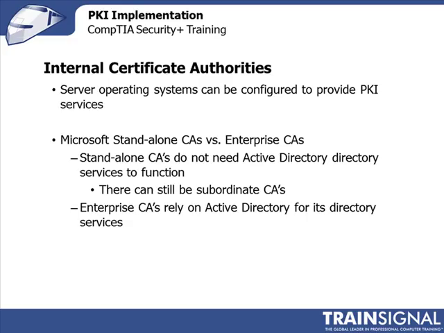Depending on your needs, both kinds can exist within one organization. For example, you can have an internal enterprise hierarchy for internal users and a standalone system that is used for extranets and business partners that don't have accounts within your Active Directory or are using different directory services.